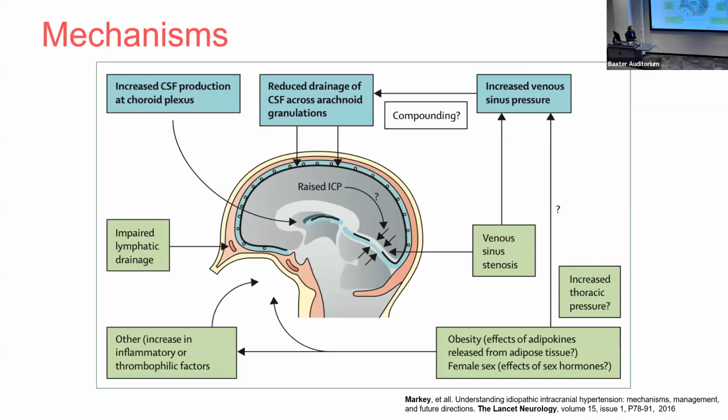This is one of the first papers, in 2007 or 2016, to try to summarize all the possible mechanisms that are affecting this condition. So the main thing is that probably there is increased CSF production. How? Now we are understanding that maybe peripheral adipocytes produce some elements that increase this production.